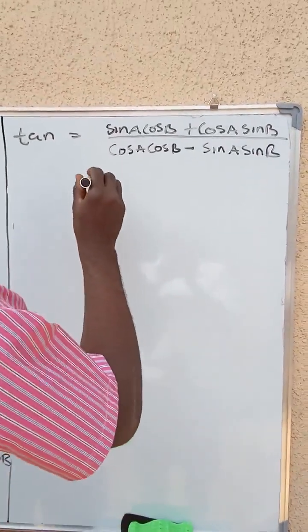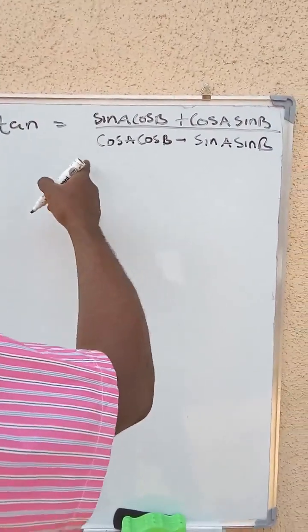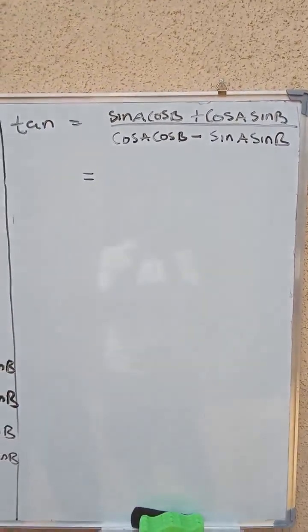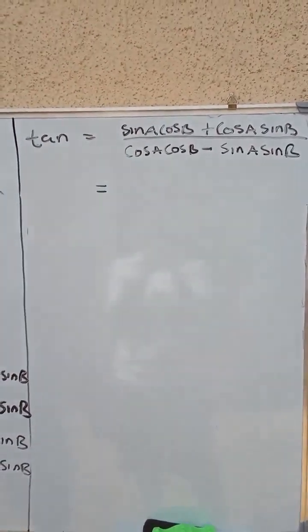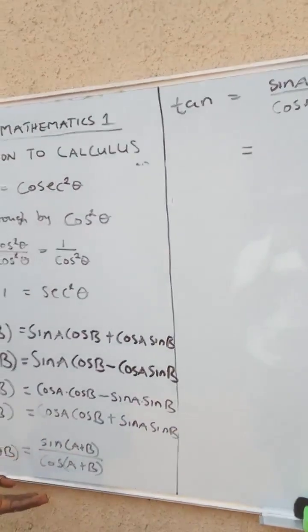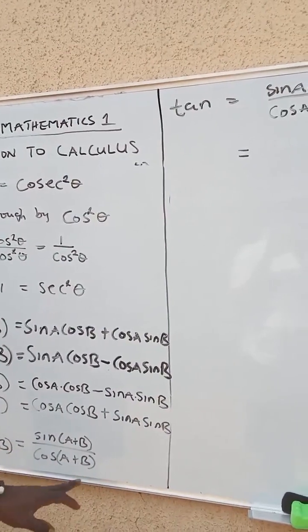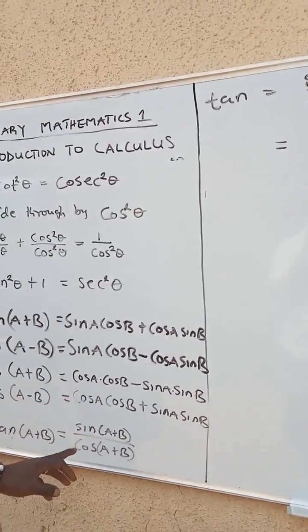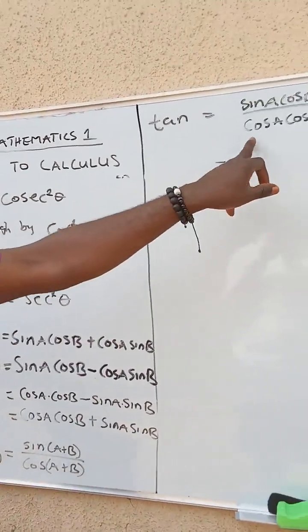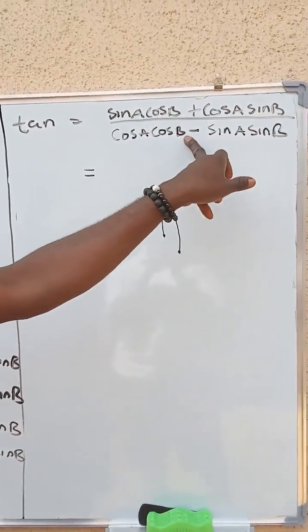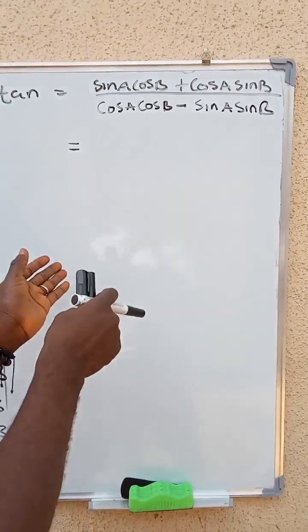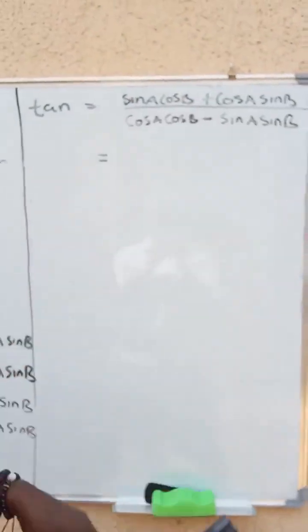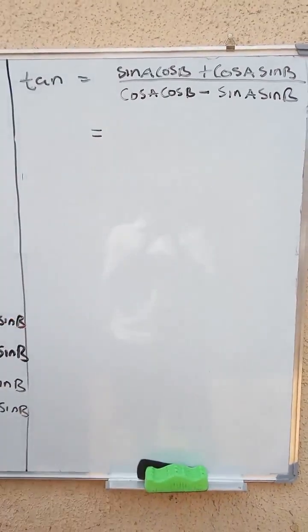Now this is the same thing as saying divide through the whole of this by cos A cos B. Do you know why I want to divide by cos A cos B? Because it's sine over cos that can give me tan. I'm not supposed to have sine or cos here, I'm supposed to have tan. So I have to divide through by the one that can give me tan throughout. It's only cos A cos B that I can divide through.